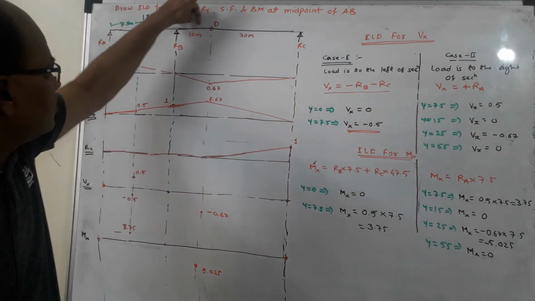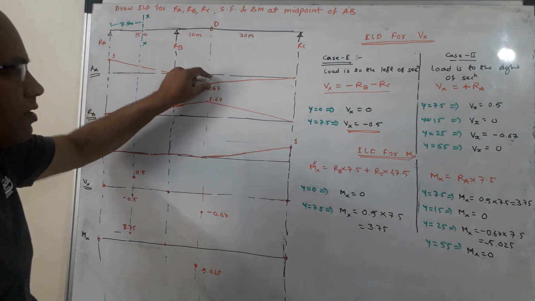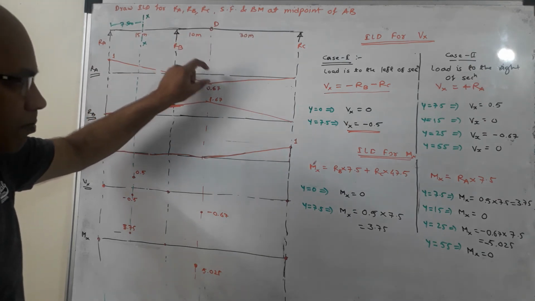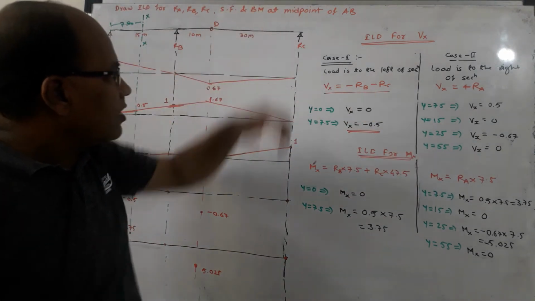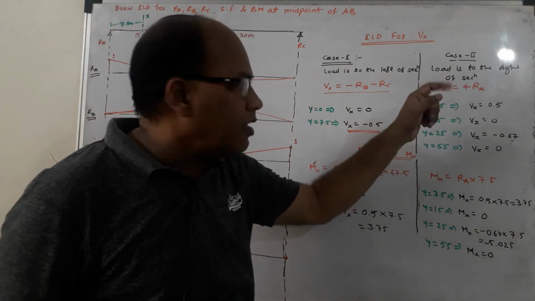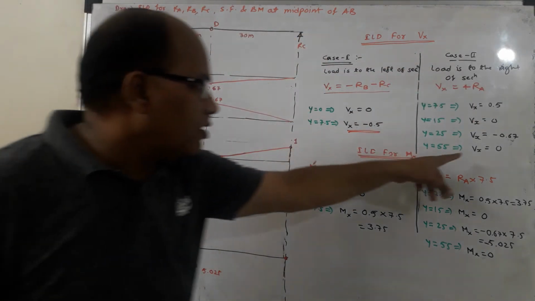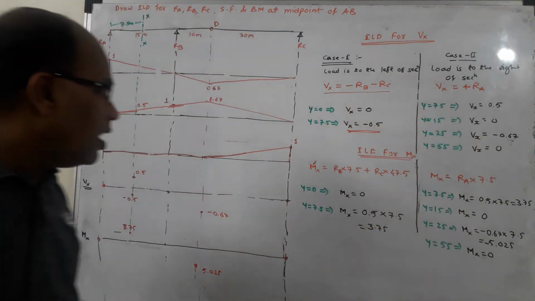When the load takes this position, that is at the hinge, what is the value of Ra? It is 0.67, but it is on negative side, minus 0.67. And when the load takes this position exactly on the top of C, what is the value of Ra? Because Vx is governed by Ra, it will be equal to 0, and that is why Vx is equal to 0. So we have obtained these values, mark these values.